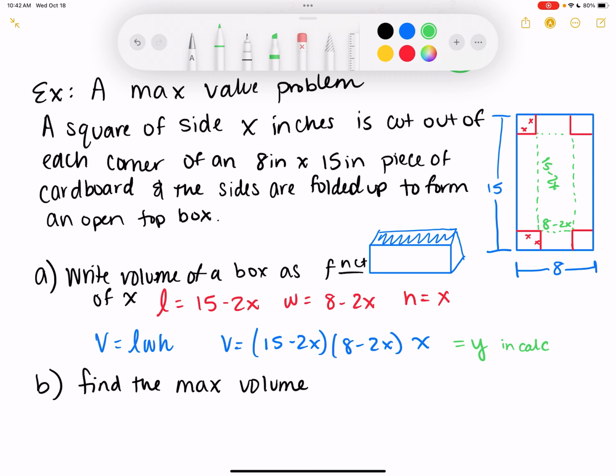Make sure if you have a plot on, you turn it off or it's going to cause a problem. So y equals, and then plug all that in. And then hit zoom 6 for zoom standard.